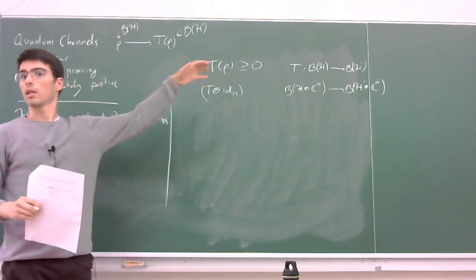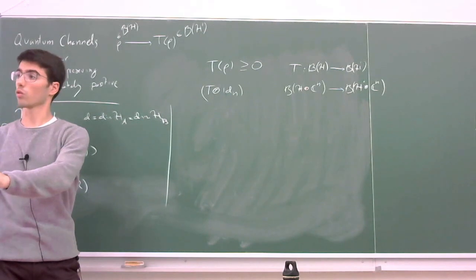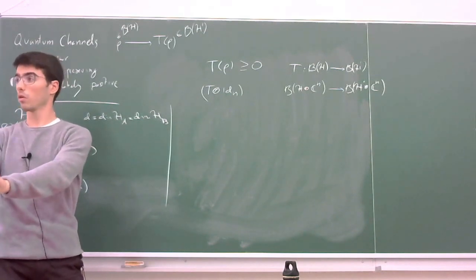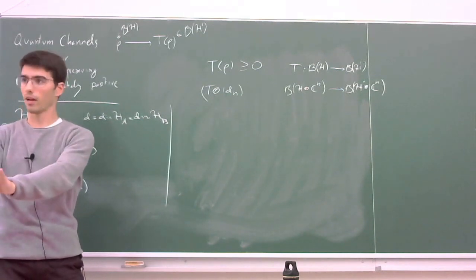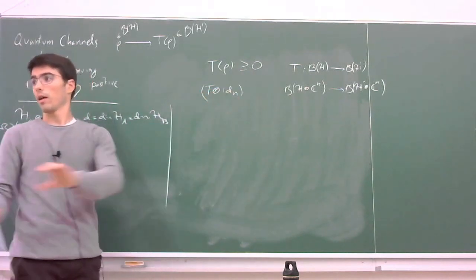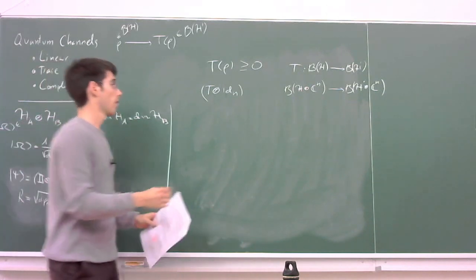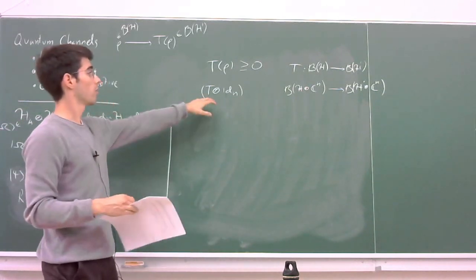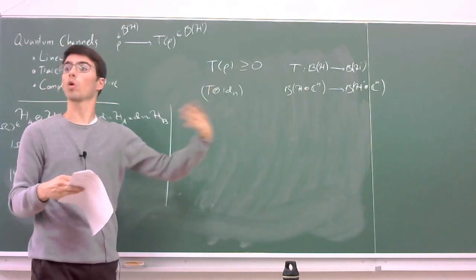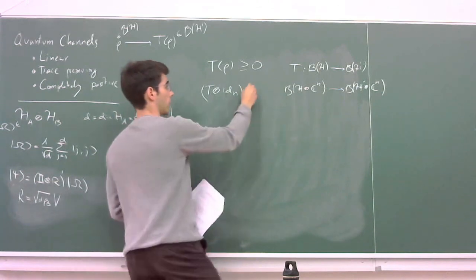So this means that now instead of considering just your quantum channel isolated, now you consider you have another system where you do nothing. It's the identity. This other system is n-dimensional, okay? Then the map that you create by considering that evolution should also be completely positive for any n.